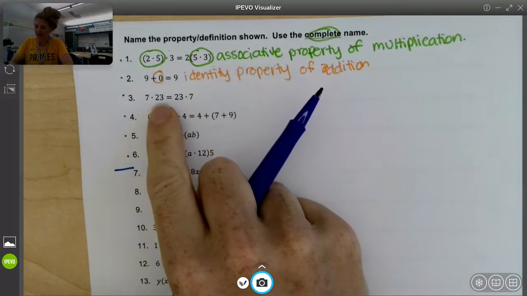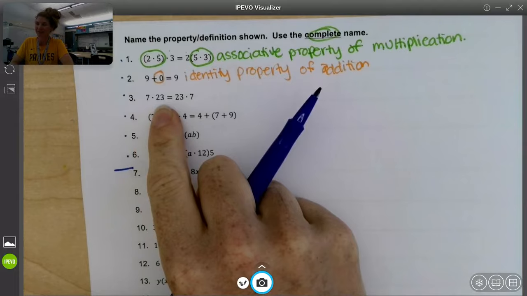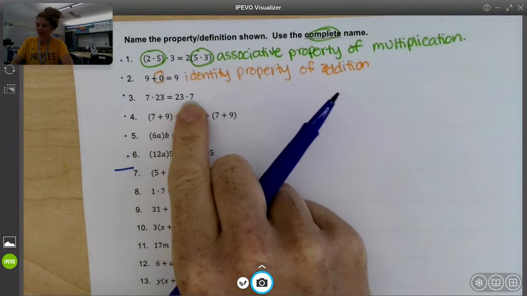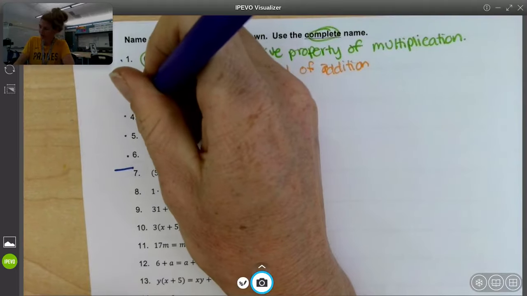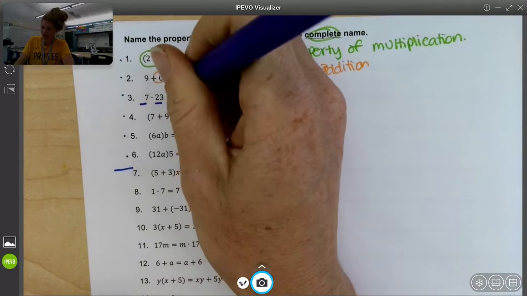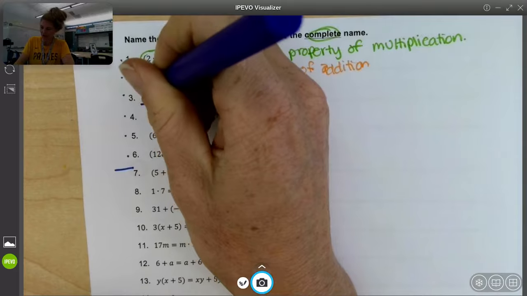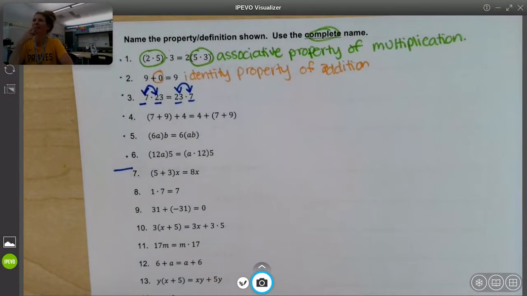Okay, let's look at the next one. We have 7 times 23 is equal to 23 times 7. So notice the order changed, and we're multiplying. What is it when numbers move and you're multiplying?